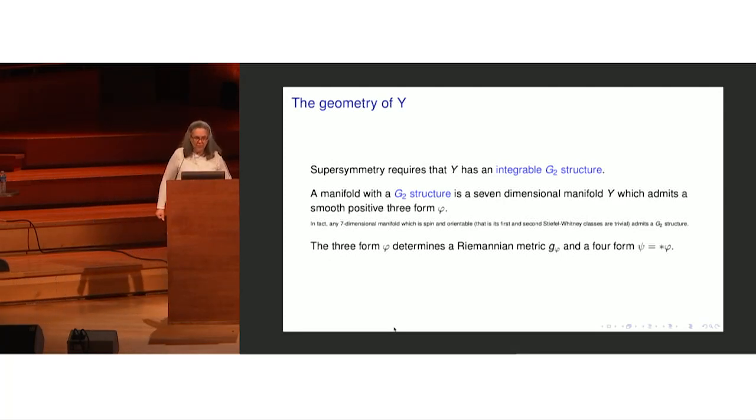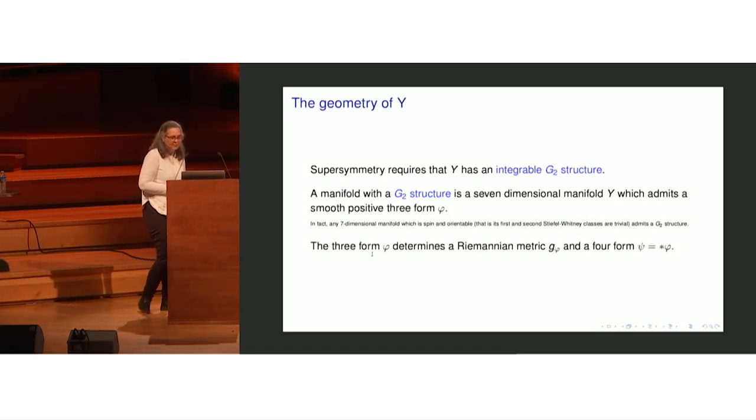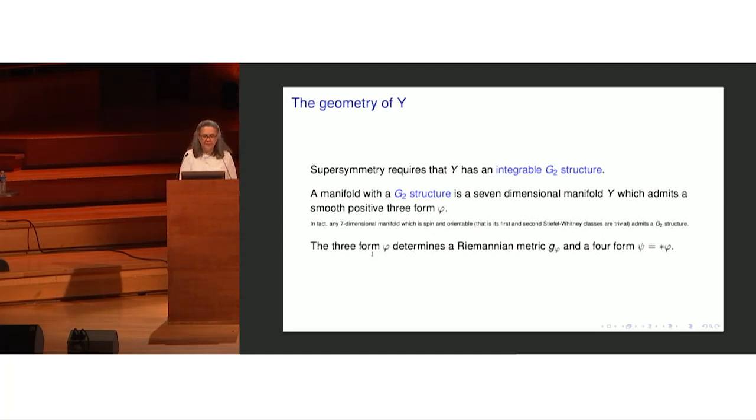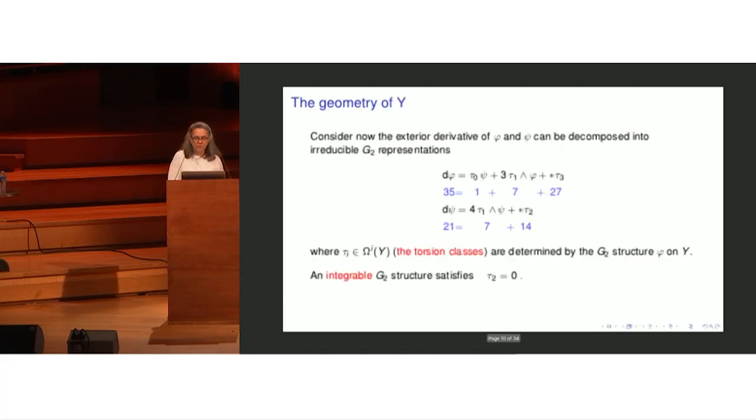When you require a non-degenerate 3-form, that reduces further to G2. And this comes from supersymmetry, in that you can construct this 3-form using a spinor, Abelian spinors as usual. This 3-form determines a Riemannian metric and a 4-form, which is Hodge dual to the 3-form.